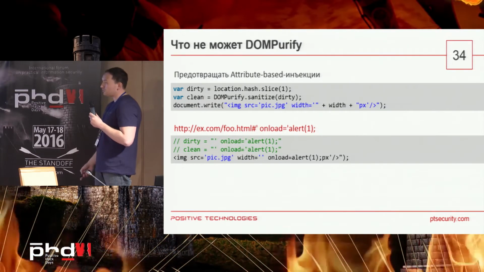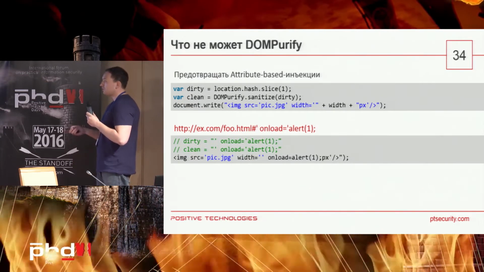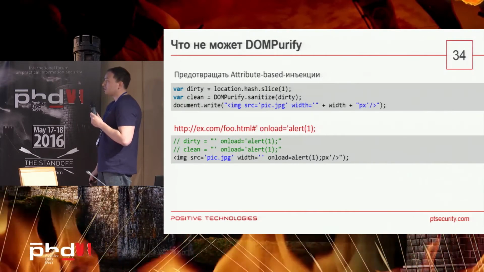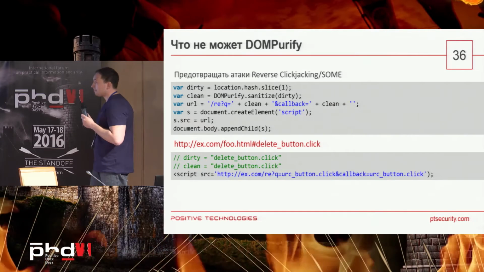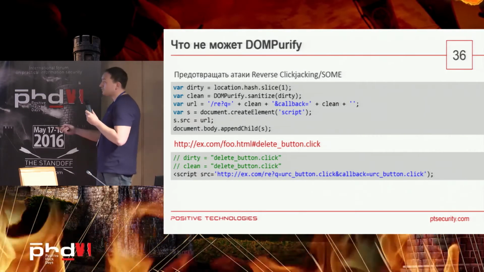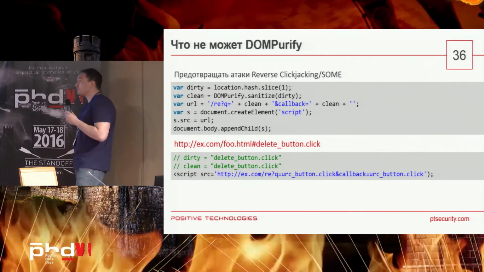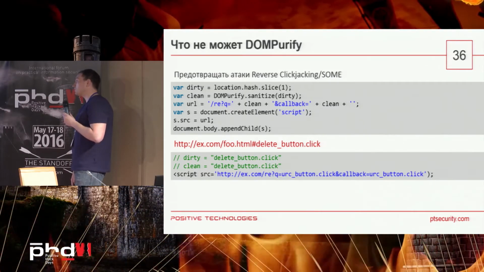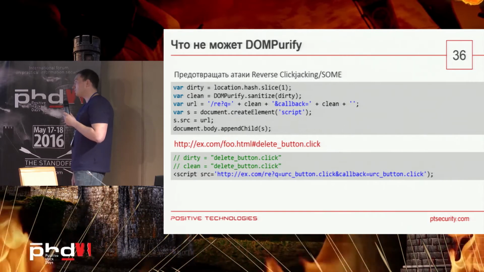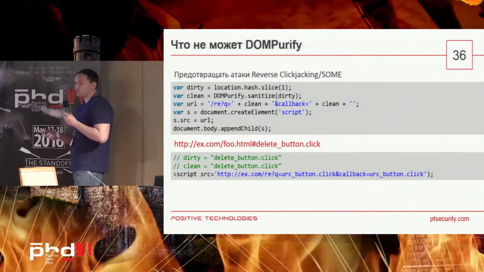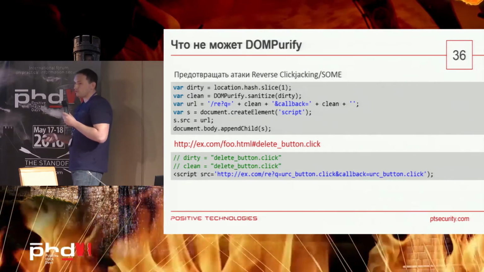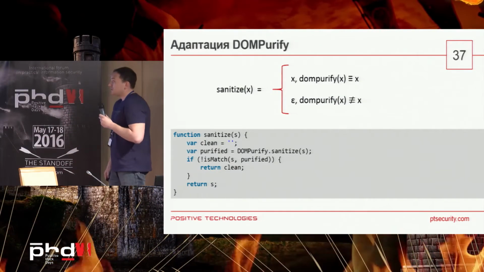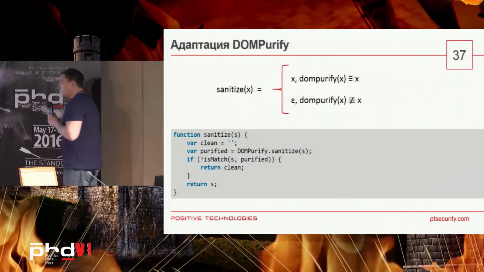Similarly, if data find themselves in an attribute or URL, here you can see the example of a reverse clickjacking attack. And again, in this situation, if there is no opening tag, DOM Purify is going to fail.